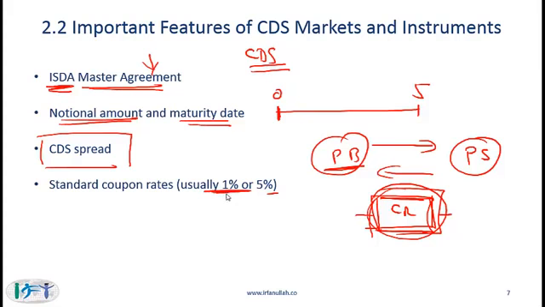But this 1% might not be enough to cover the credit risk associated with the underlying instrument. If that is the case, then there will be some upfront payment or premium to compensate for the difference between this 1% rate and the credit risk associated with the underlying instrument. When we talk about the valuation of credit default swaps later, we'll get into more detail on this subject.